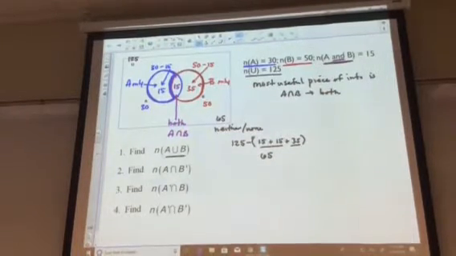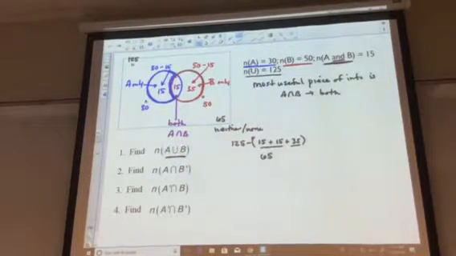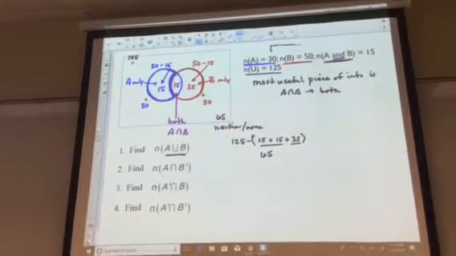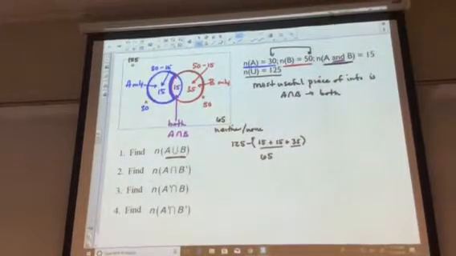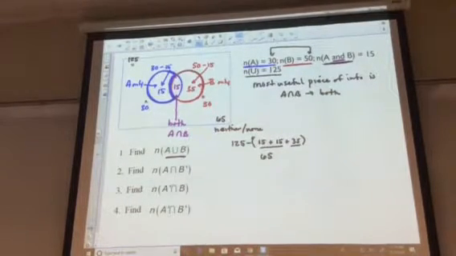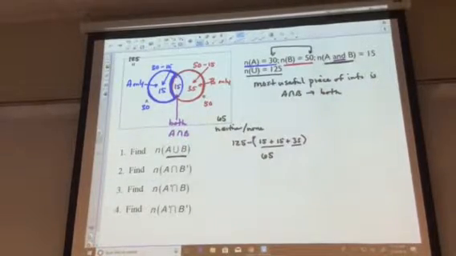A united with B. A and B combined. Not good to add 50 and 30. Why? Because the part in the middle belongs to both of them.